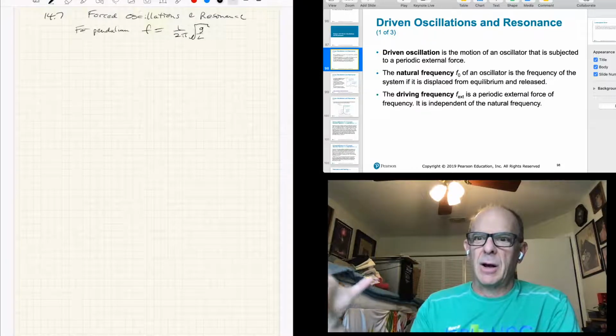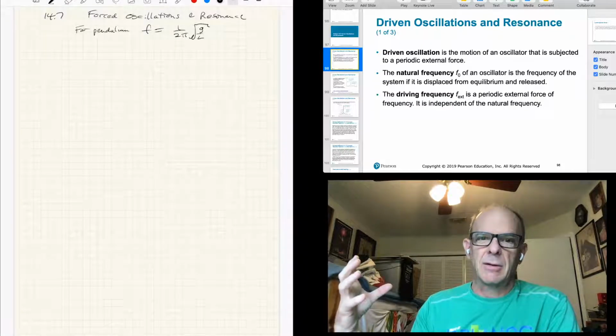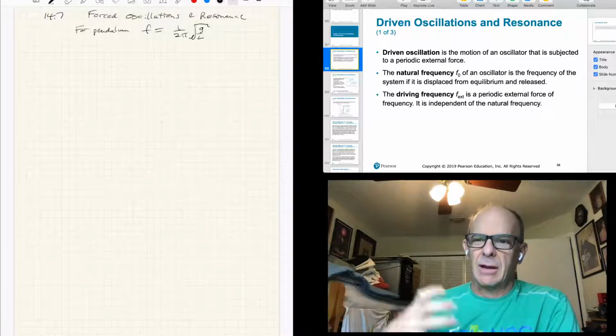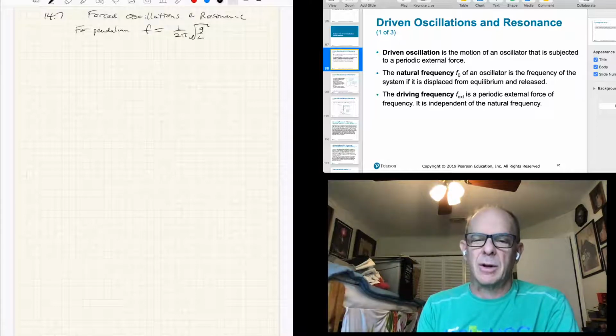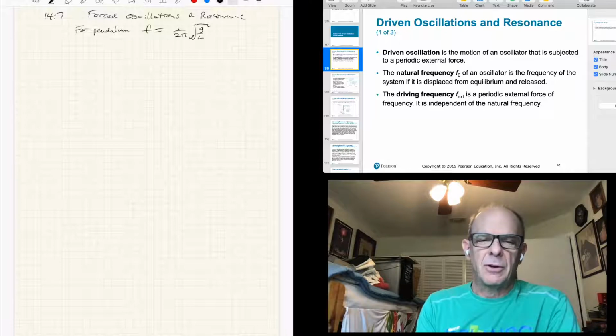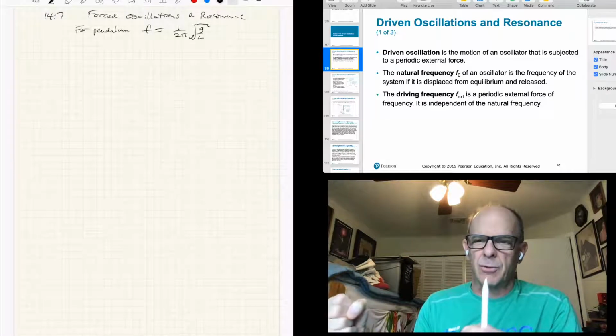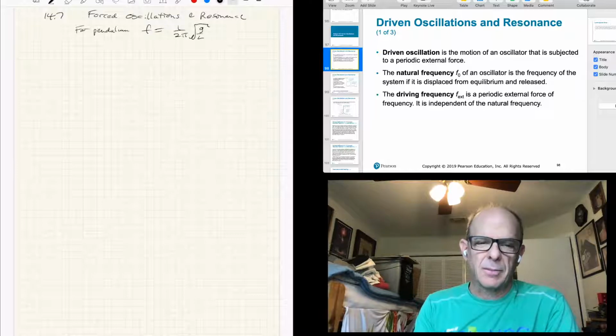And if some other orbiting object is gravitationally interacting with it at that same frequency, it causes big perturbations in the orbit of the first object. So there are all sorts of waves and cool things in Saturn's rings that are caused by moons whose orbital frequency is resonant with the orbital frequency of the ring particles.